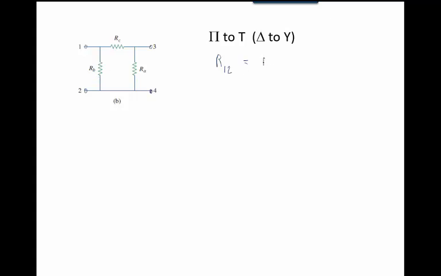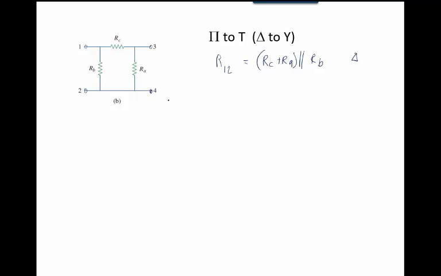So it would be RC plus RA in parallel with RB. So if I put my multimeter between here and here, that's the resistance I would see. Remember, these are nothing. These are just reference points. Okay? So that's for my delta circuit.